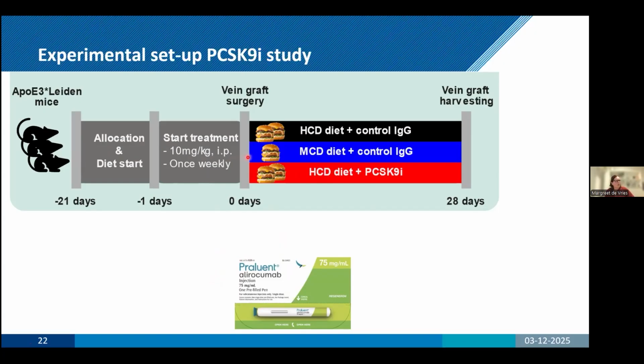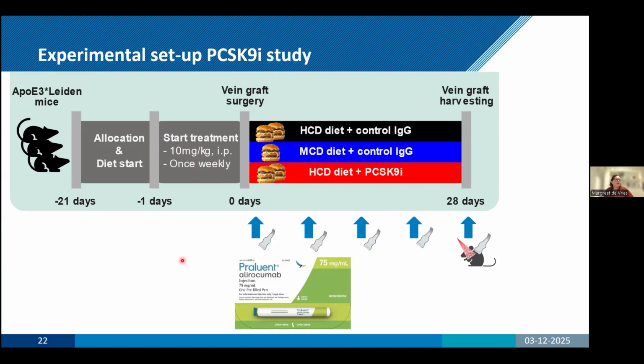The mild cholesterol study group showed only the reduction of the cholesterol in comparison to the high cholesterol diet. And so we could study the PCSK9 independent effect by comparing these mice with the mild cholesterol diet group.